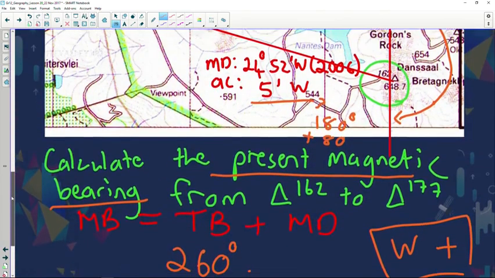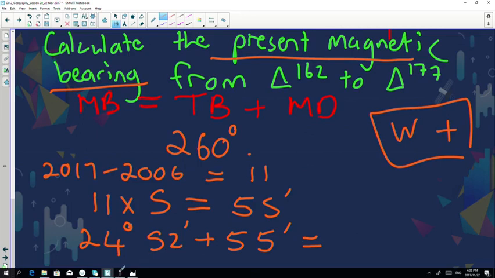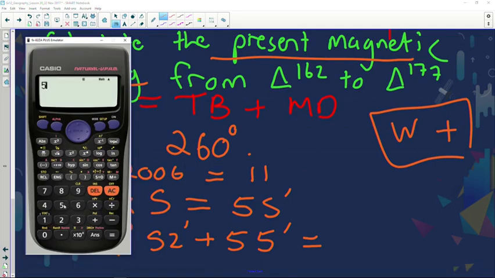In this case, it's 24 degrees 52 minutes plus 55 minutes. Let's just add the minutes together: 55 plus 52 equals 107 minutes.